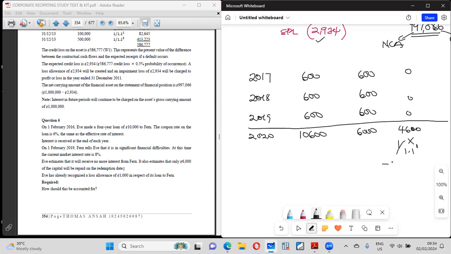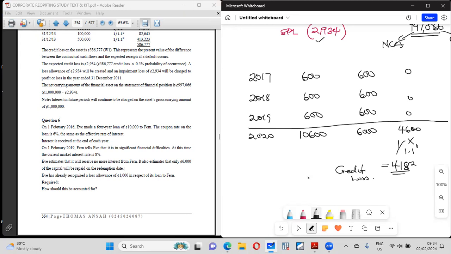So that is what I'm having. 4182. This is credit loss. That is what has happened.